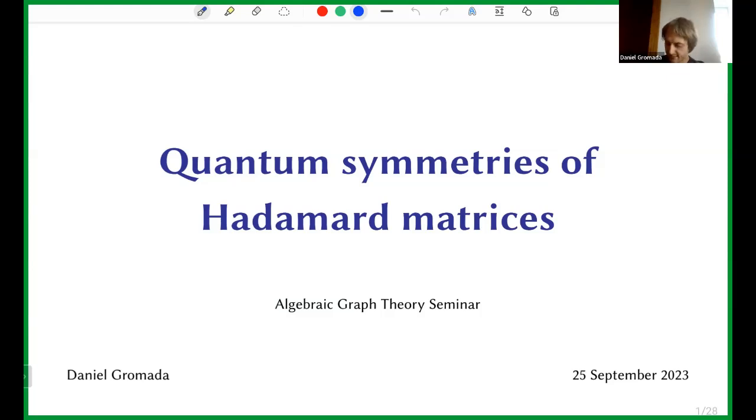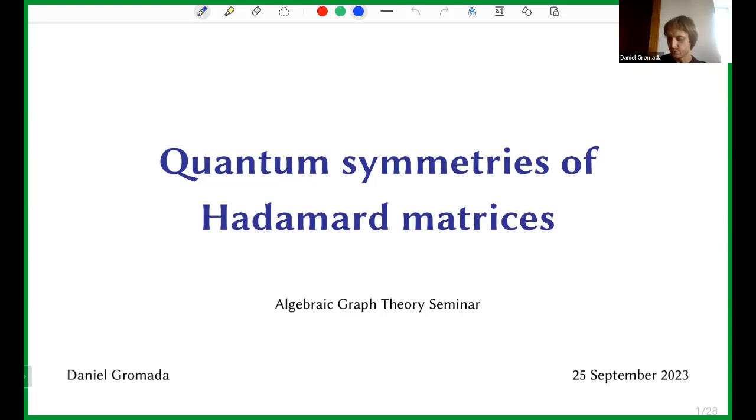Since I already talked about this once at an online seminar in January, and I thought there might be a slightly overlapping audience, I decided to alter the talk a bit. I was also told that many of you are already a bit familiar with quantum symmetries.